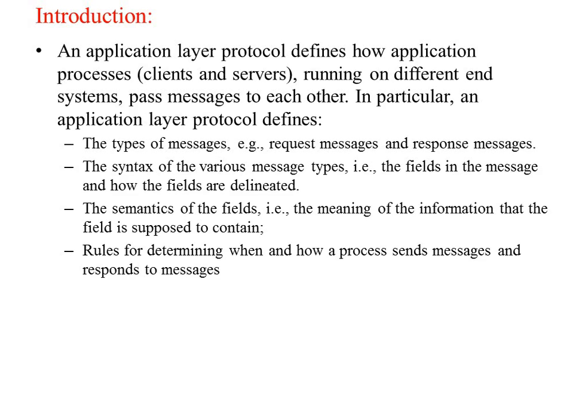Now the best example is whenever you are sending an email. Now the operating systems are different. You might be using Macintosh, second you might be using Windows, and third you might be using Linux. Whenever you send an email, email is an application which is defined at the application layer protocol. So that protocol will understand.